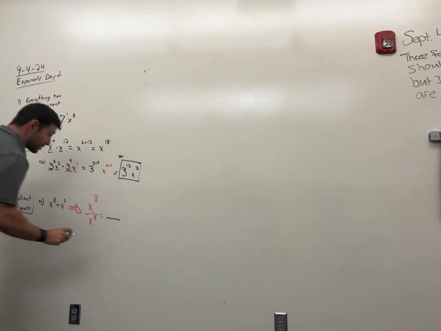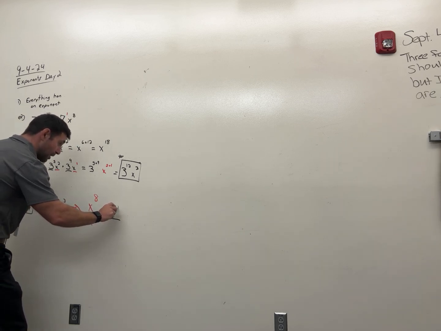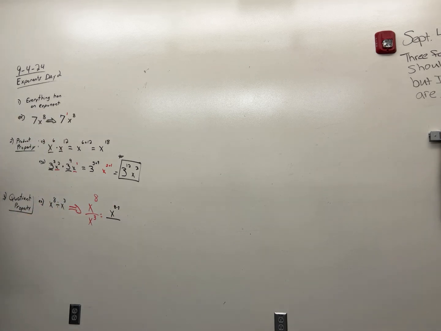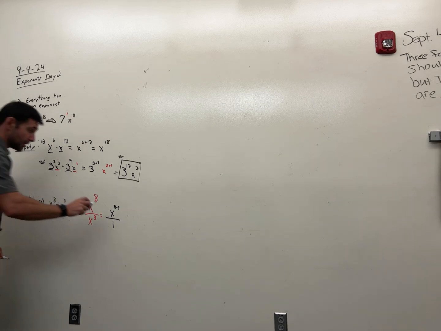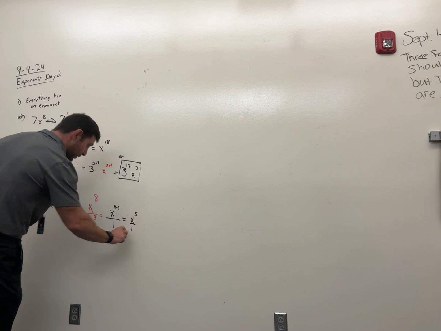Top. So I'm going to leave the fraction. I'm going to keep the x. And I do the exponents, subtracting. Well, Mr. H, what goes in the bottom then? A 1. Because we want all the x's in the same place. So this gives me x, 8 minus 3, is x to the 5th divided by 1.